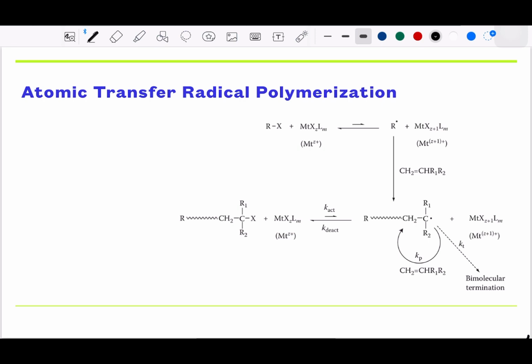So let me put the principle of transition metal catalyzed radical polymerization, or we can just say the ATRP.